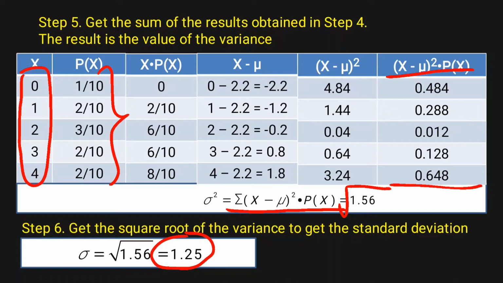Okay, so ganun ang pag-estimate ng value ng variance and standard deviation. Kapag yung x natin ay malapit sa isa't isa, dapat ang makuha natin na variance and standard deviation maliit lang. So kagaya sa example natin, 1.56 ang variance and standard deviation is 1.25. So maliit lang.